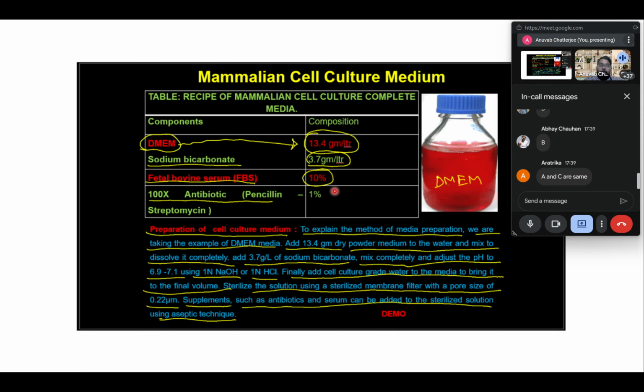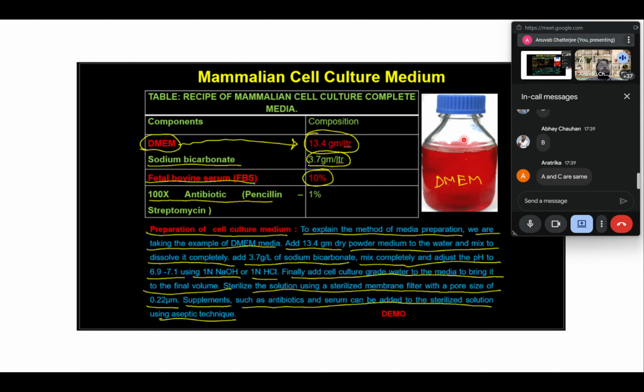So let us look at mammalian cell culture. How do you do it? Almost everywhere in mammalian cell culture we use DMEM, which is predefined in what exactly goes into it, and this is in the form of powder. You mix it with sodium bicarbonate and put it into water, and that gives you a reddish color to the mammalian cell culture medium.